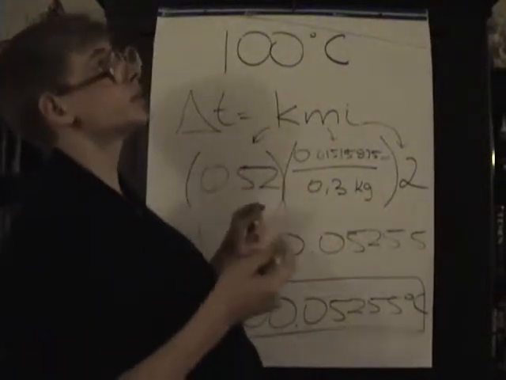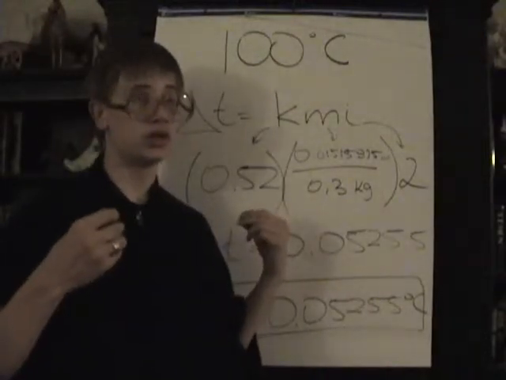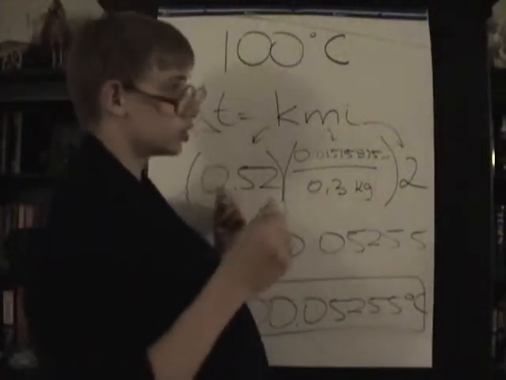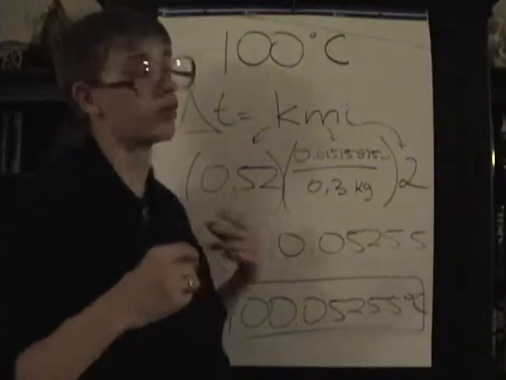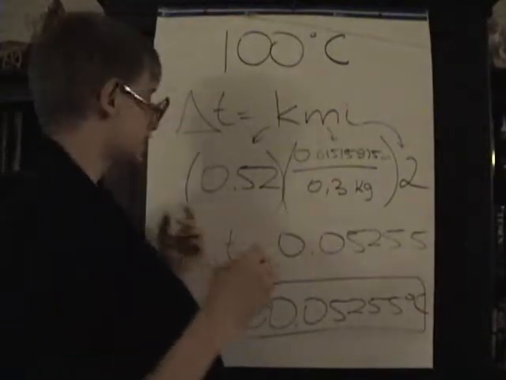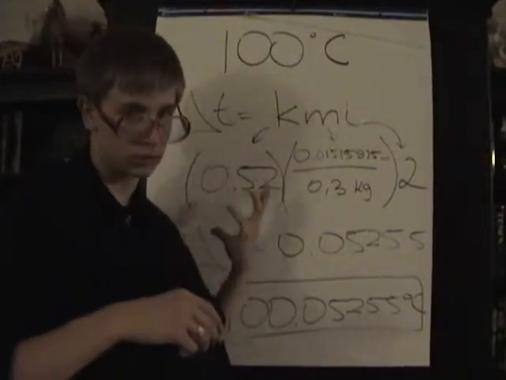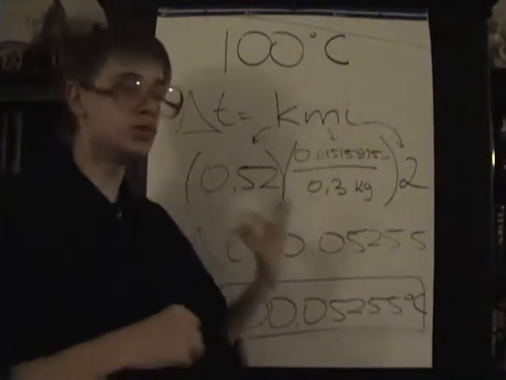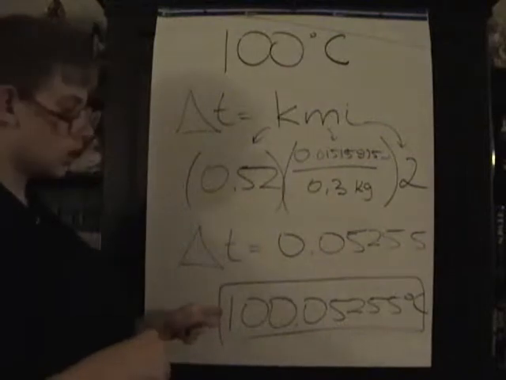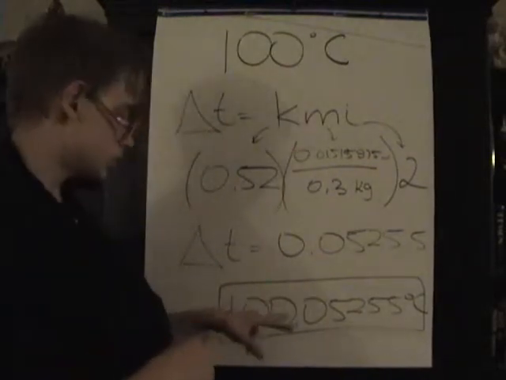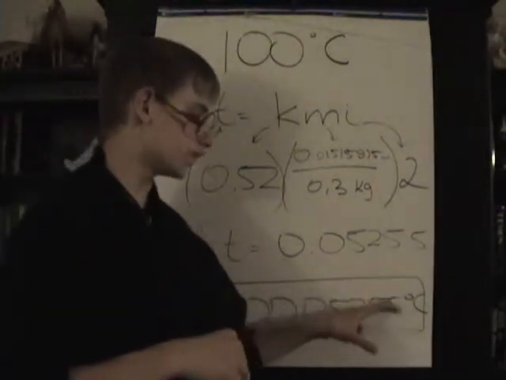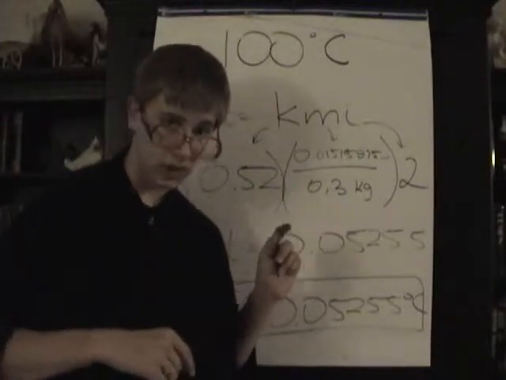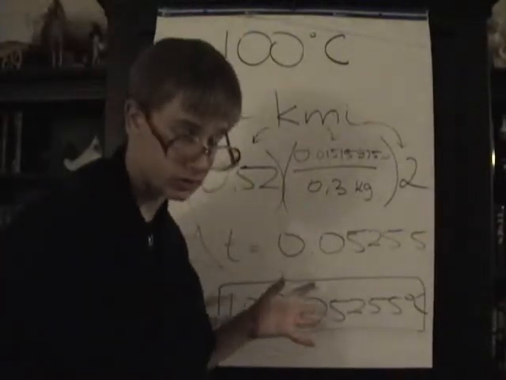Because colligative properties say there should be a raise in the boiling point, you add this to the original boiling point, so the boiling point of the new solution should be 100.05255 degrees Celsius. That's what should happen. We will see what happens next.